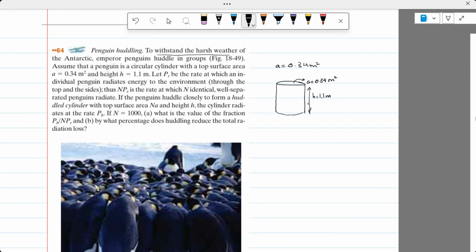Let PR be the rate at which an individual penguin radiates energy to the environment through the top and the sides. So PR is the radiated energy rate from one penguin to the environment.